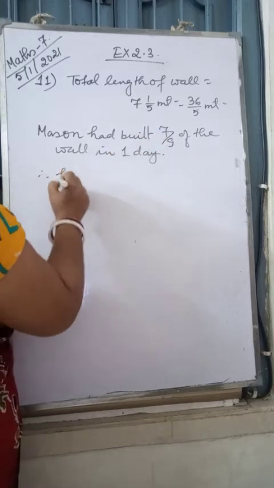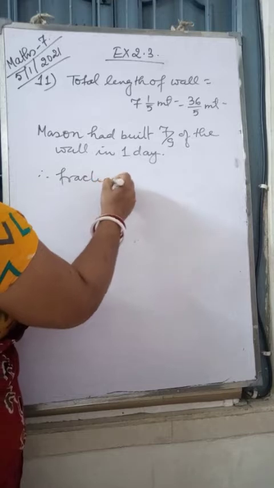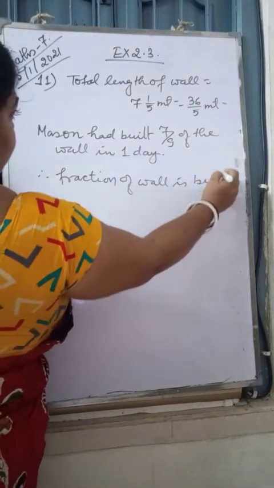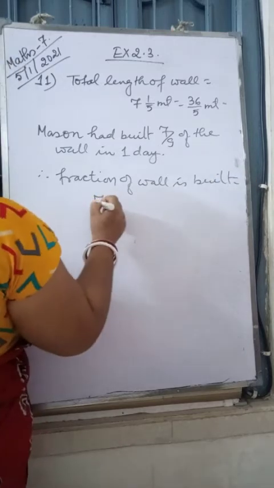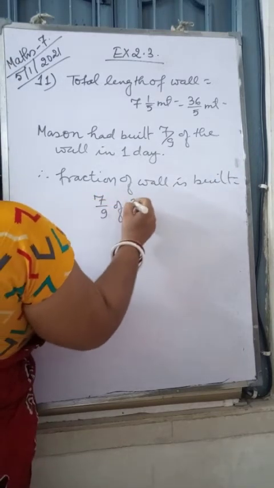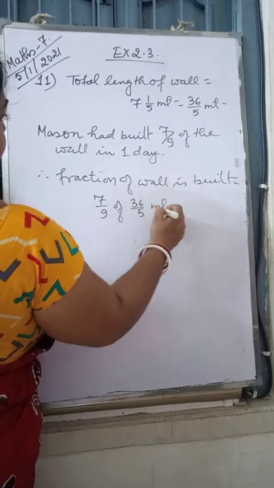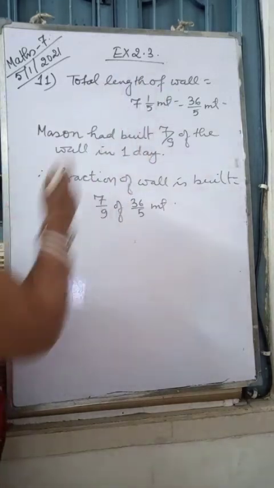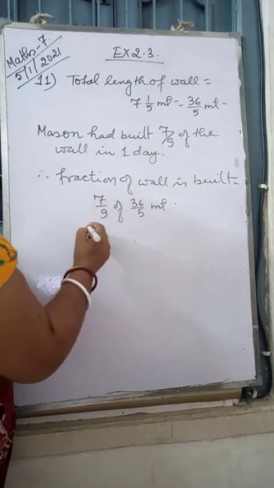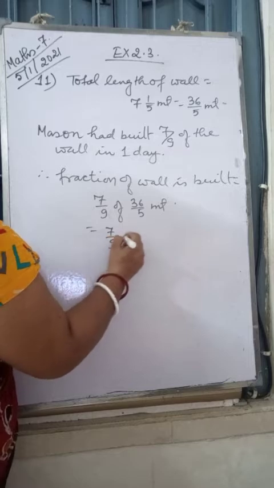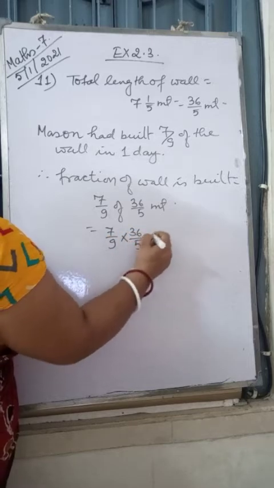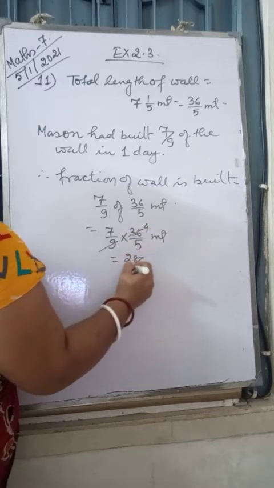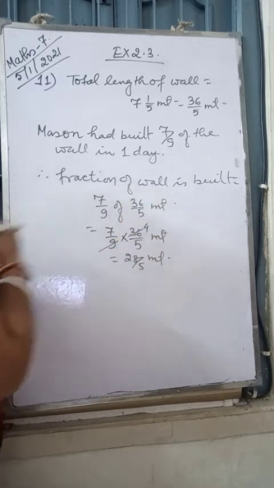So the fraction of wall built is (7 by 9) of 36 by 5 meter, because he has built 7 by 9 of the wall. So height of wall is 36 by 5. So we'll write 7 by 9 of 36 by 5 meter, or it gives you 7 by 9 into 36 by 5 meter. 9 fours are 36, or it gives you 28 by 5 meter he has built.